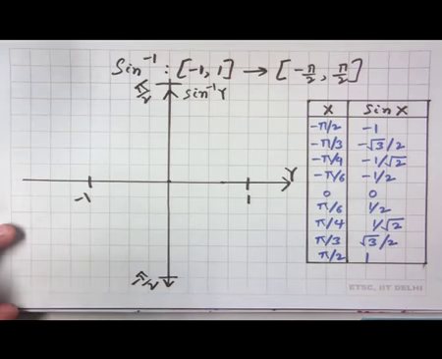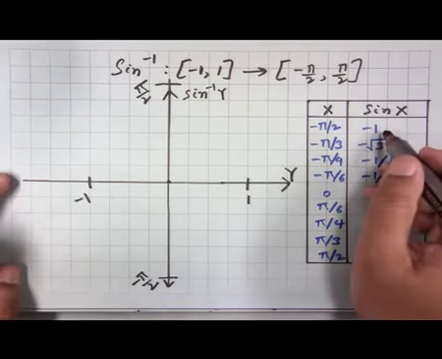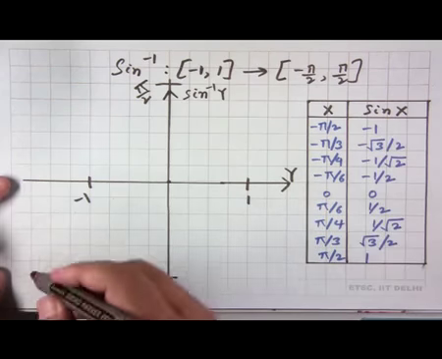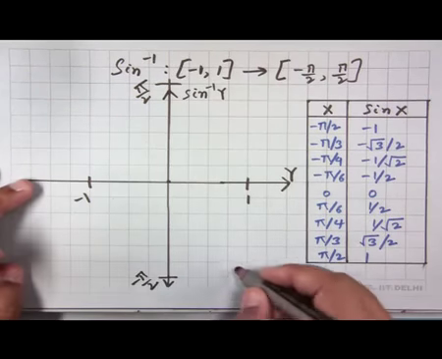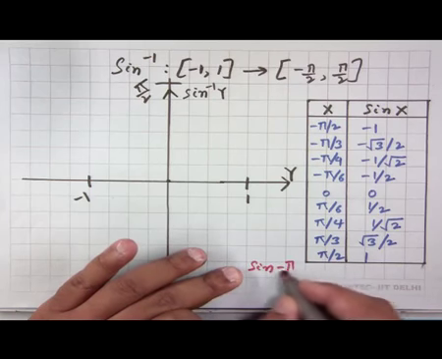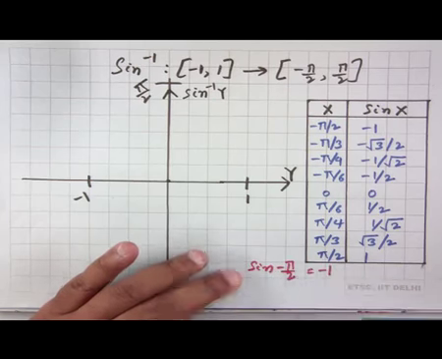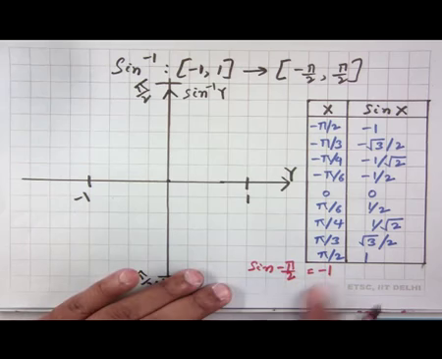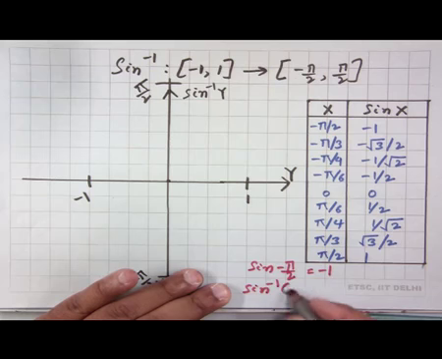So, let us start with -1. It is known to us that sine of -π/2 is equal to -1. So, from here we can say that sine inverse of -1 is equal to -π/2.